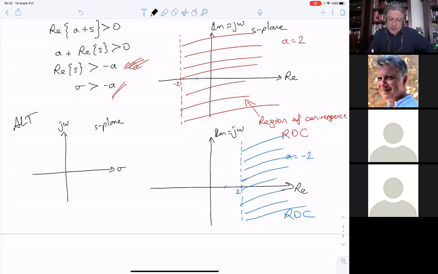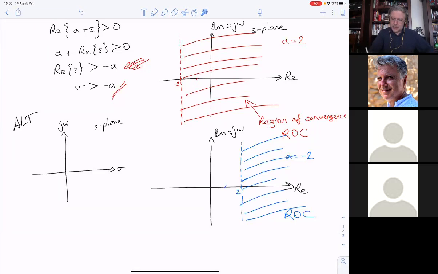Now, for the top red shape here, I said the Fourier transform exists, and for this one, the Fourier transform does not exist, because the region of convergence here includes the j omega axis, and j omega means Fourier transform. So when the j omega axis is included in the region of convergence, it means the Fourier transform exists.